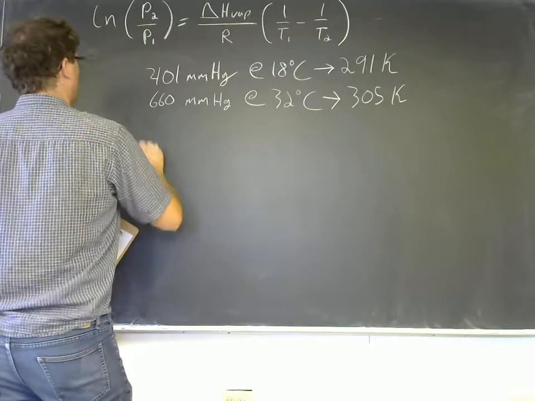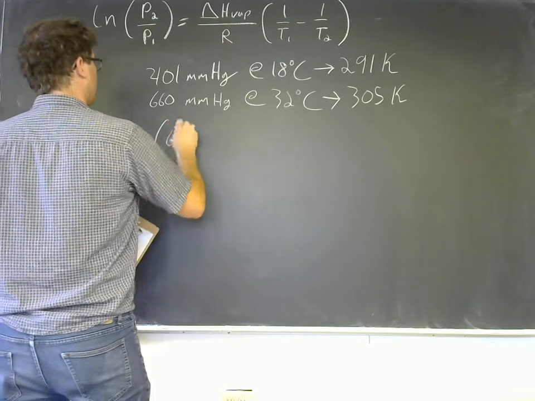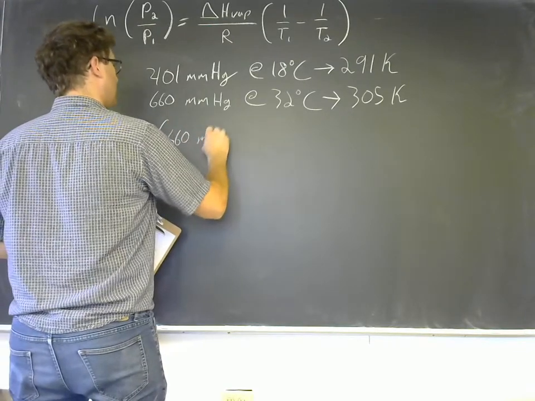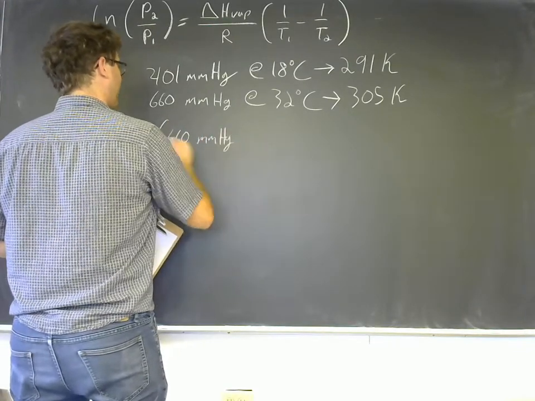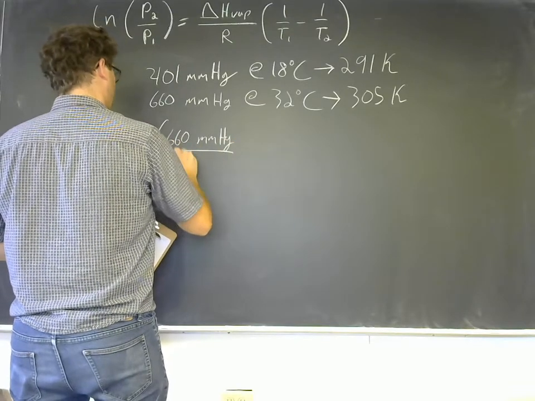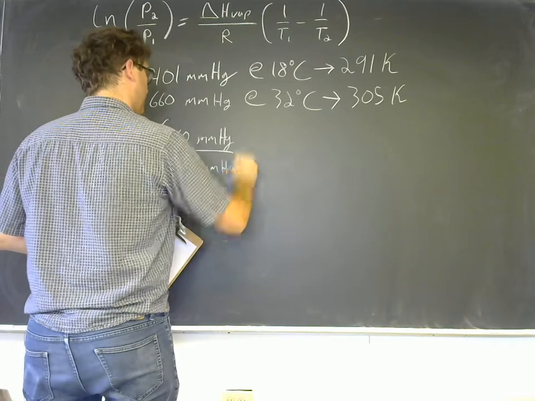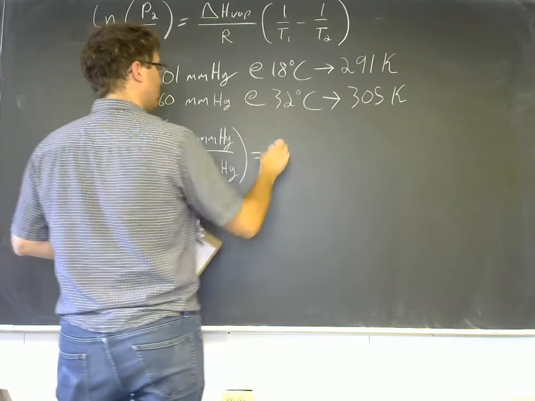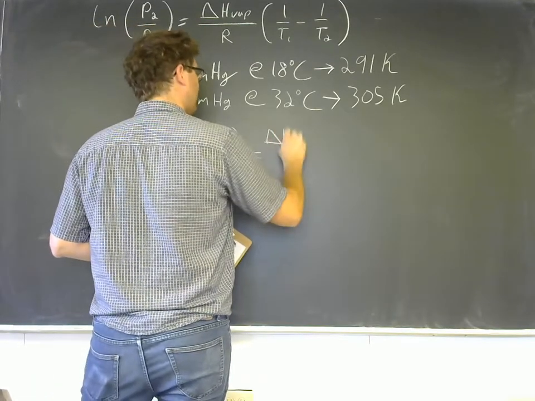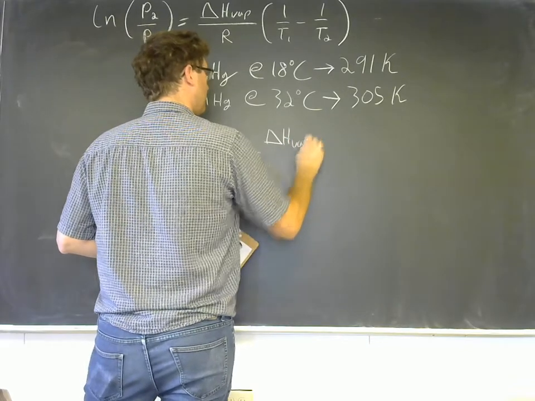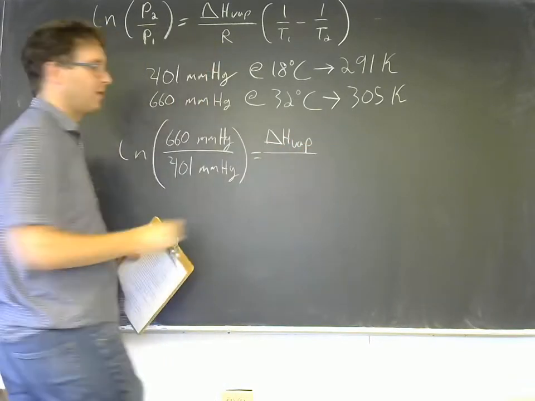The natural log of 660 millimeters of mercury over 401 millimeters of mercury is equal to our unknown delta H of vaporization. That's what we're solving for.